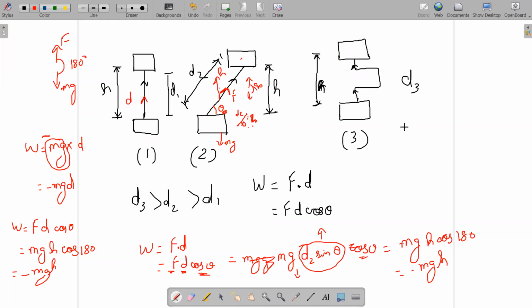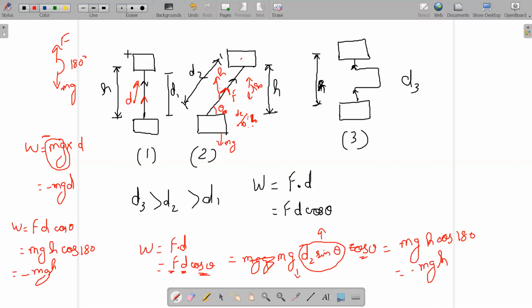If a body is moving from here to here, the distance that we are covering is d1. In this case it's d2. So the duration of friction acting in case 1 is less compared to the second case.